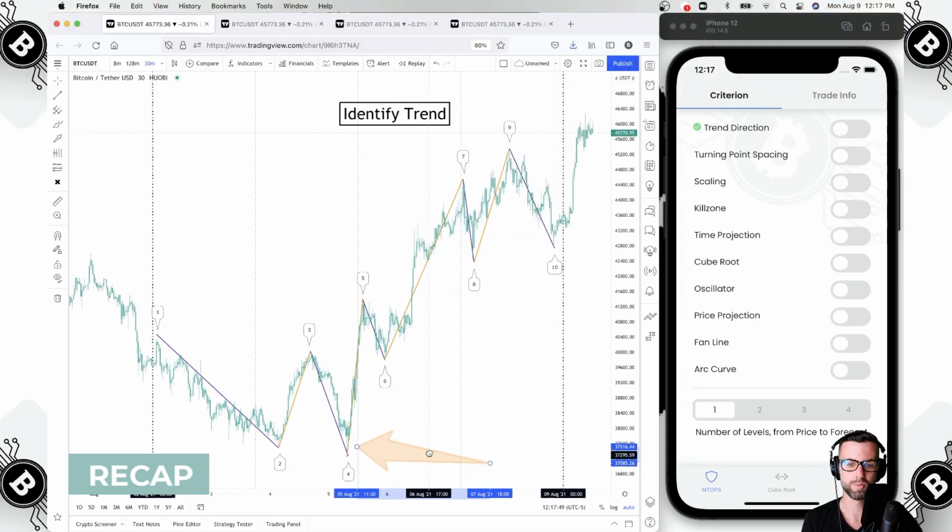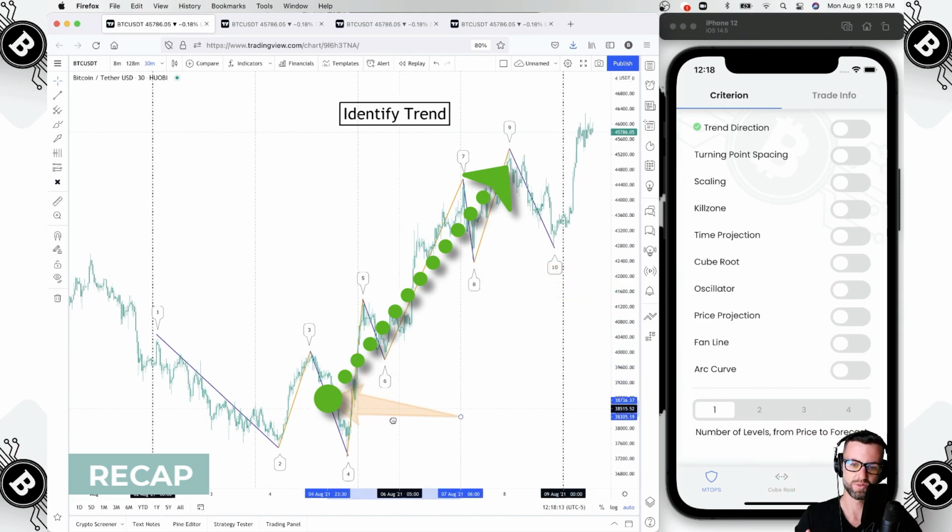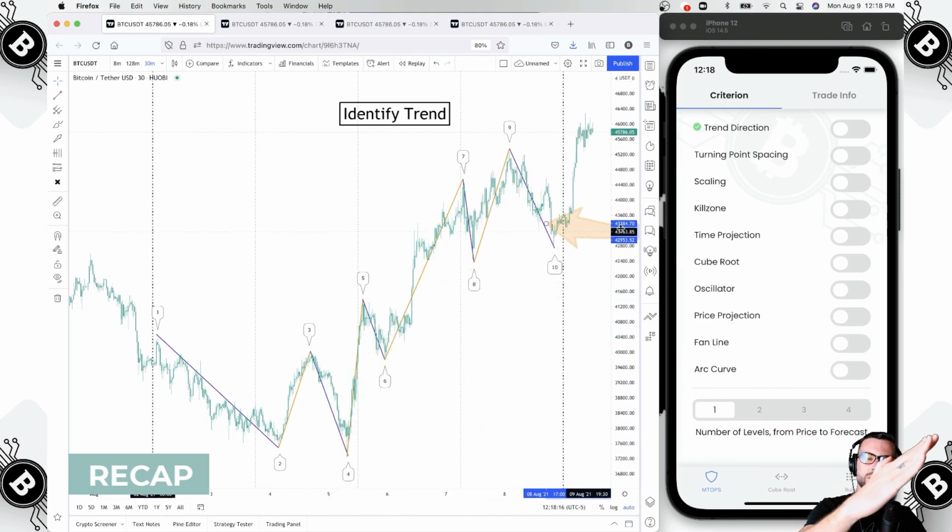So we got that low point, then that low point, 6 forming above 4, moving up to this high point 7 forming above 5, and this low point 8 forming above 6. Okay, you can see 4, 6, 8, 10, all sequentially forming in accordance to one another to provide trend direction.